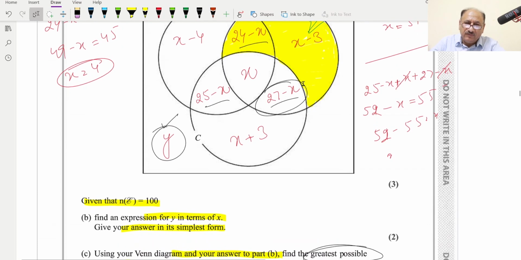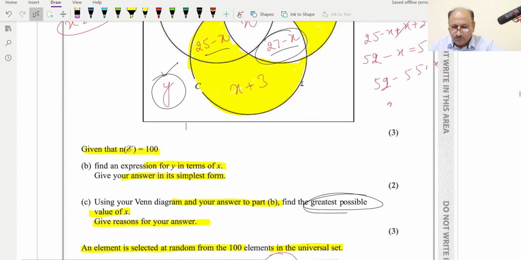Now if we identify the other region, it will be this whole region. This will be the shaded region which they have written. I will be shading it for your understanding. This region will be 25 minus x.